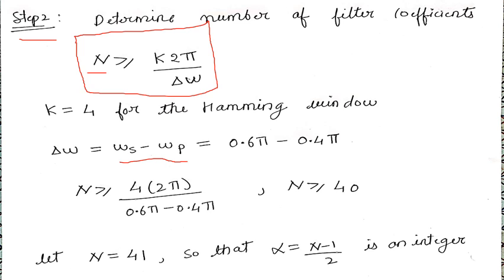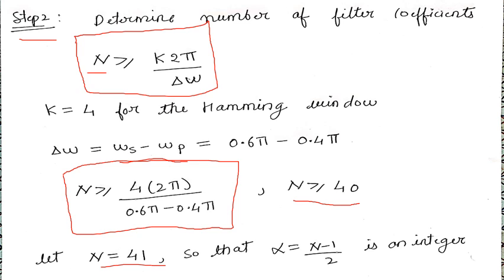After substituting the values of k and delta omega in this formula, we get N greater than or equal to 40. Let value of N be equal to 41 so that alpha, which is given as (N minus 1) by 2, is an integer.